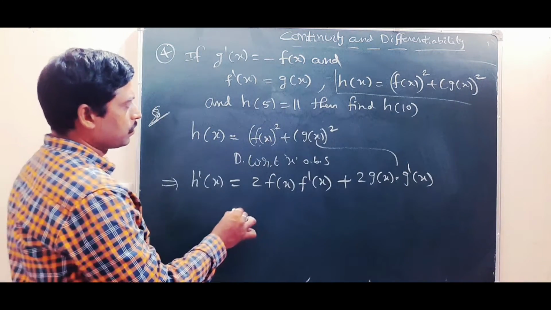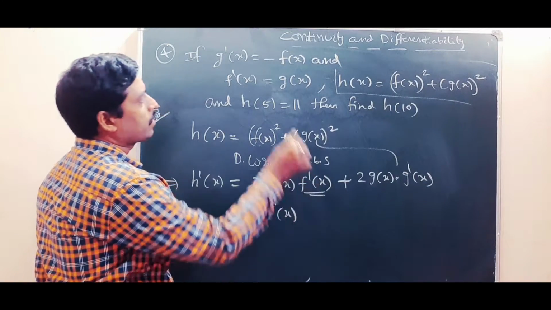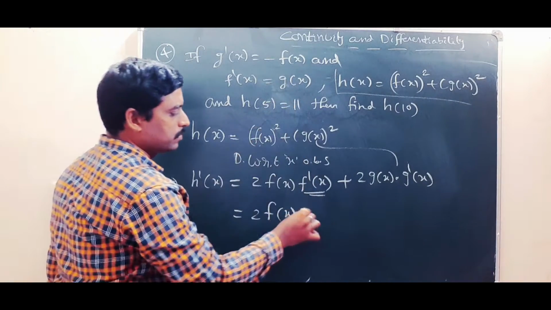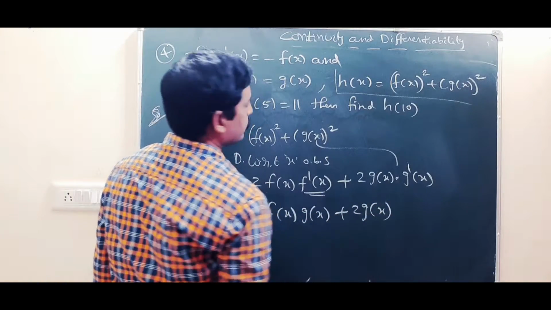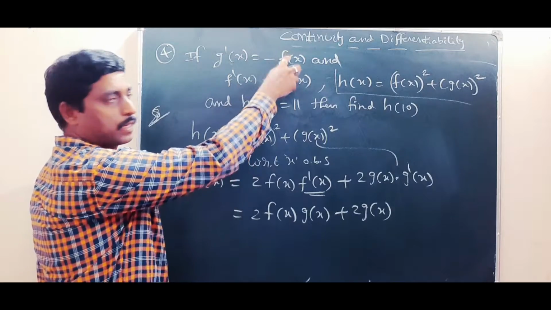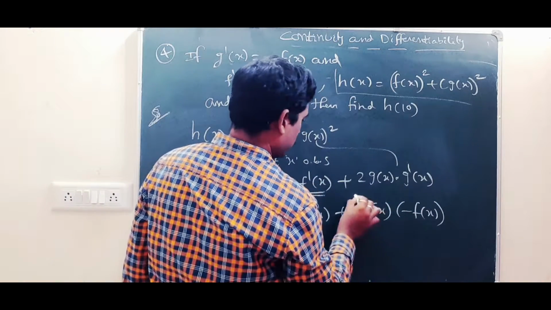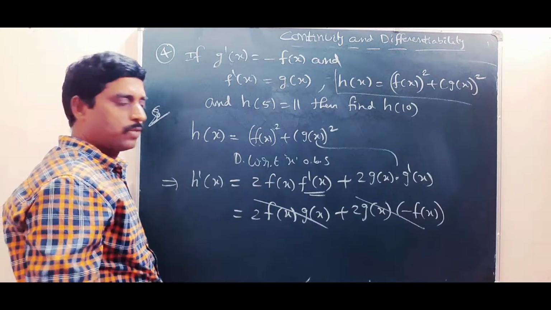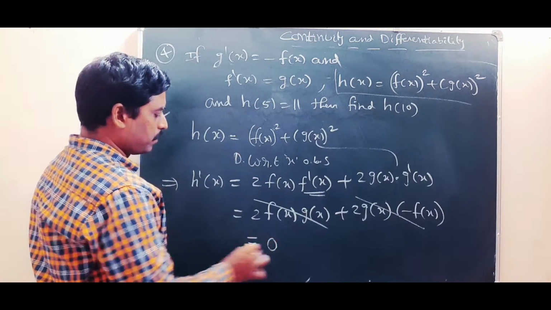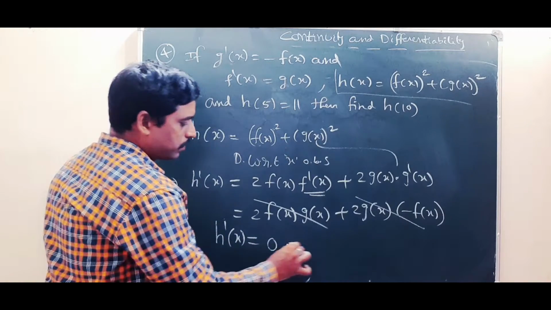So 2 times f of x into f dash x value, plus 2 into g of x into g dash x value, which is given as minus f of x. This is negative and that is positive, so they cancel. So it will be 0. So h dash x is equal to 0.